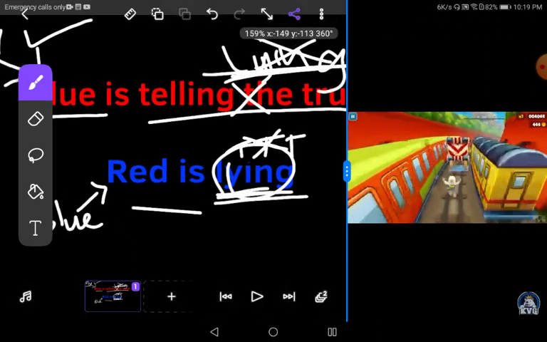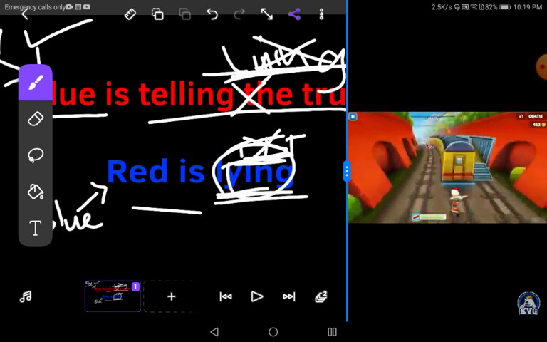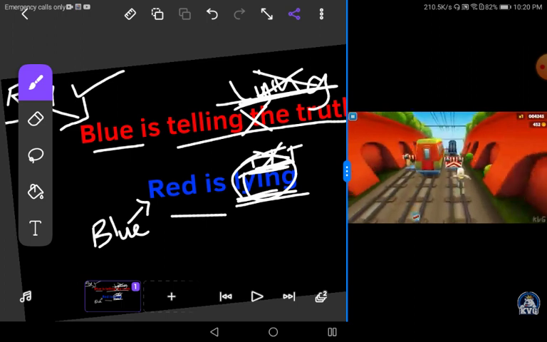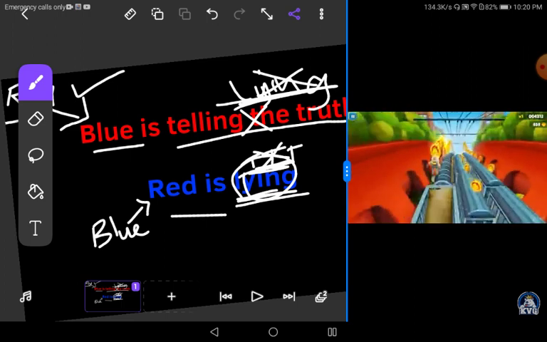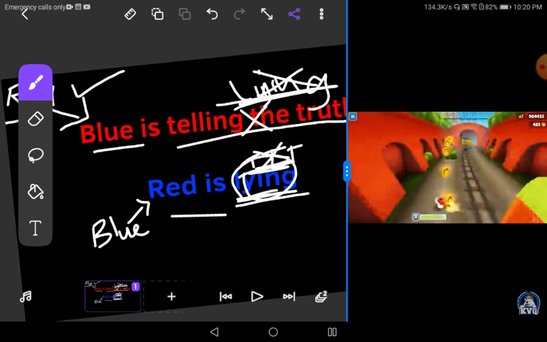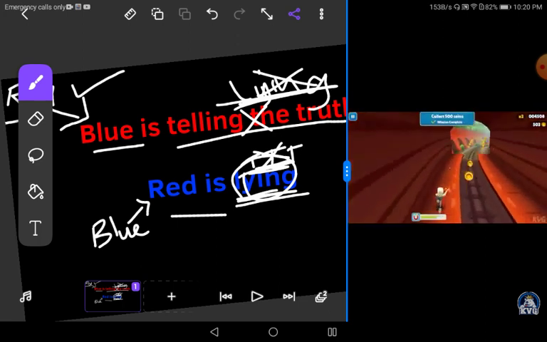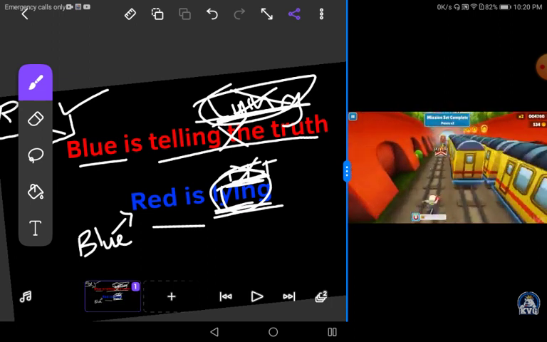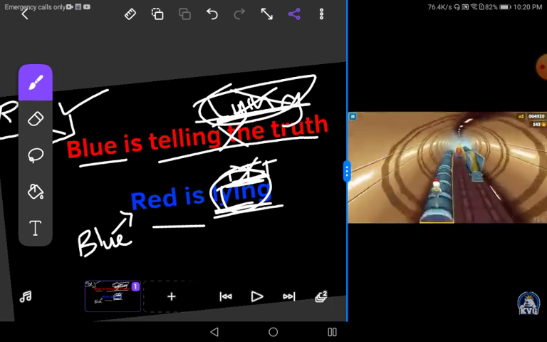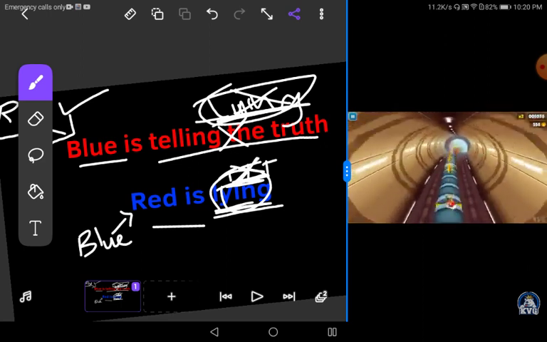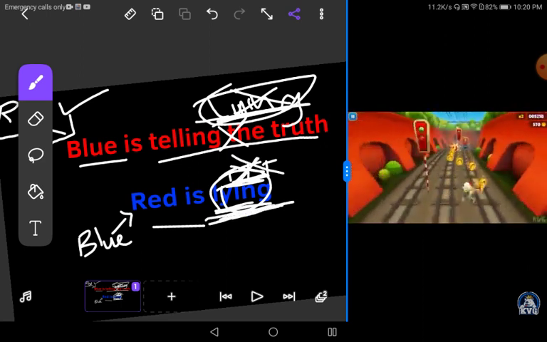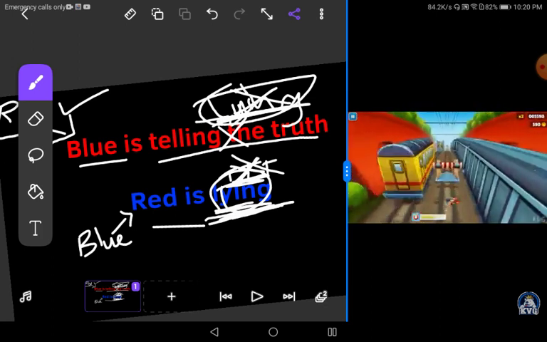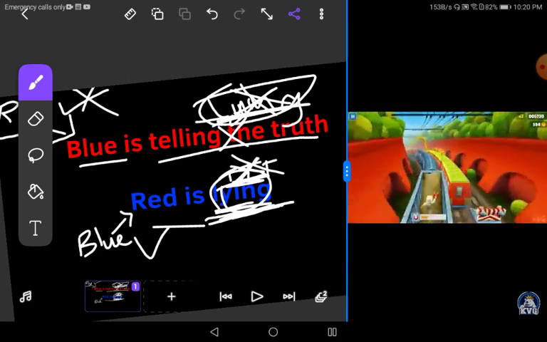Red is telling the truth. And if red is actually telling the truth, that means blue is actually lying. And if blue is lying about red telling the truth, that means red is lying about blue lying. That means blue is telling the truth. Blue is the one who is verified. Red is not verified.